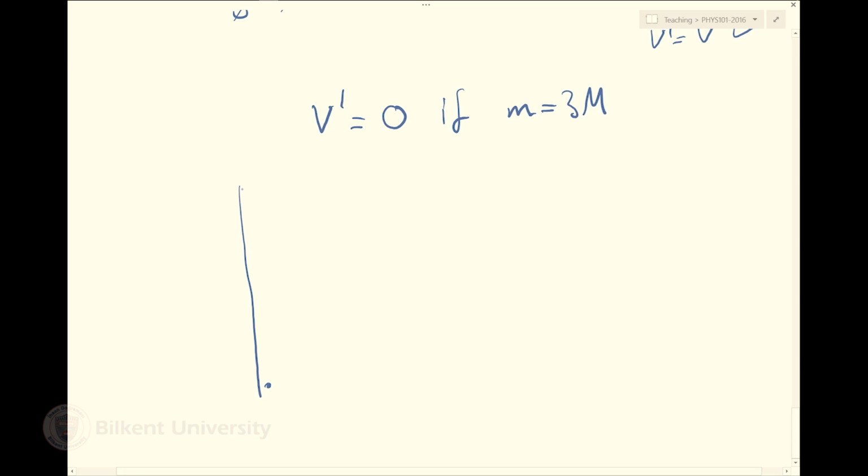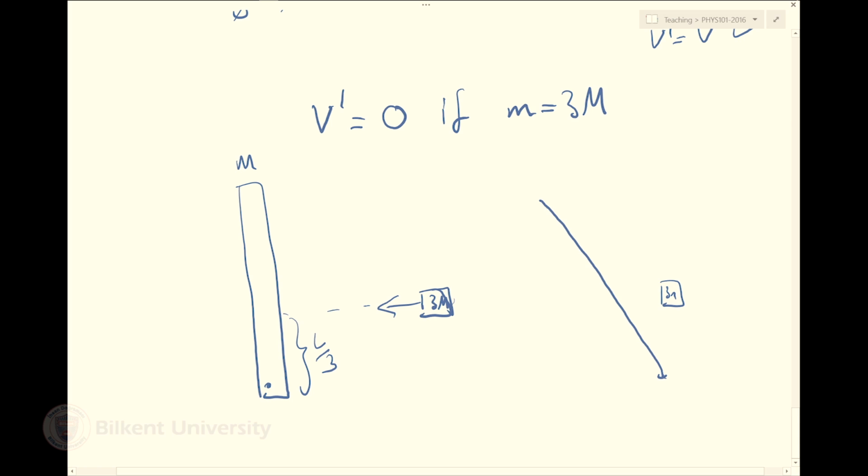If I send a particle with 3 times the mass of the rod exactly to L over 3, after the collision, the following happens, apparently. My particle just sits there, and now the rod is rotating.